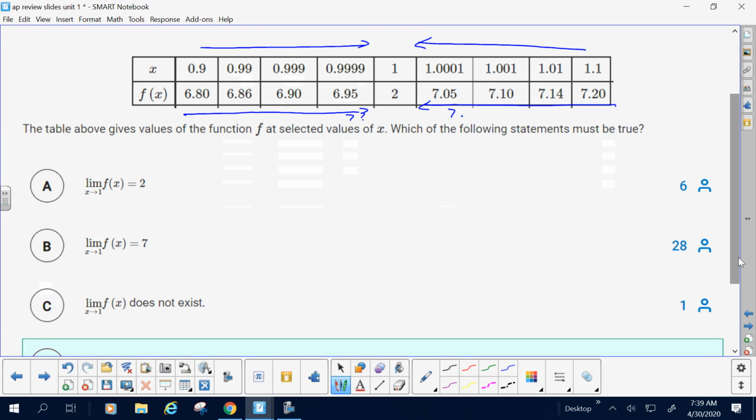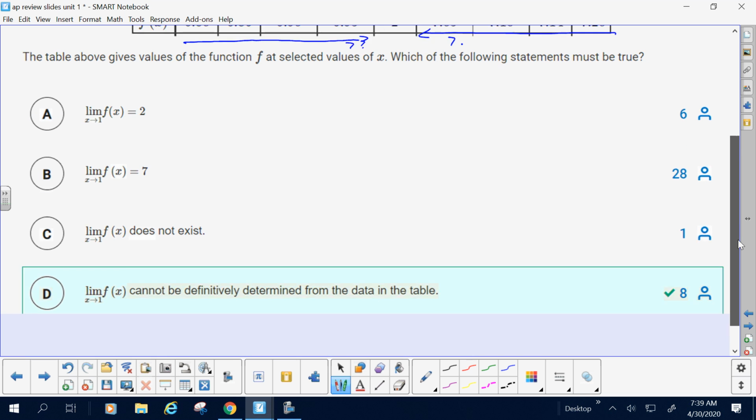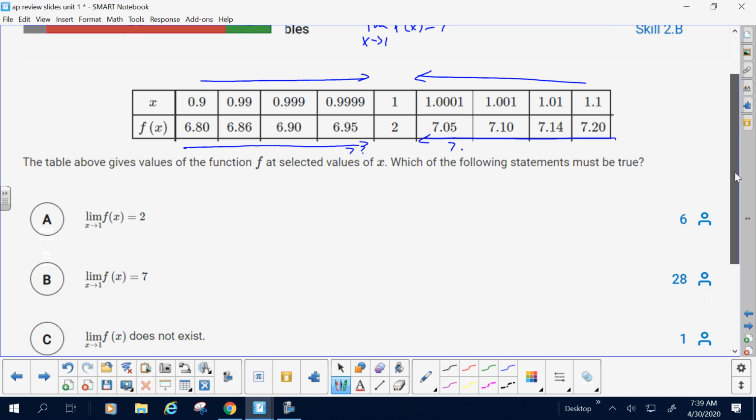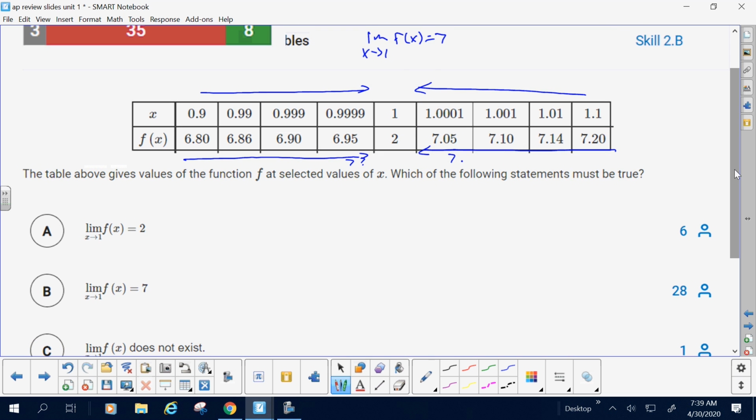And that is what you guys chose. Now, why was that wrong? Ah, they got us, didn't they? All right. I guess the key word there is must be true. And so they left off with a window between 6.9 and 7.5.